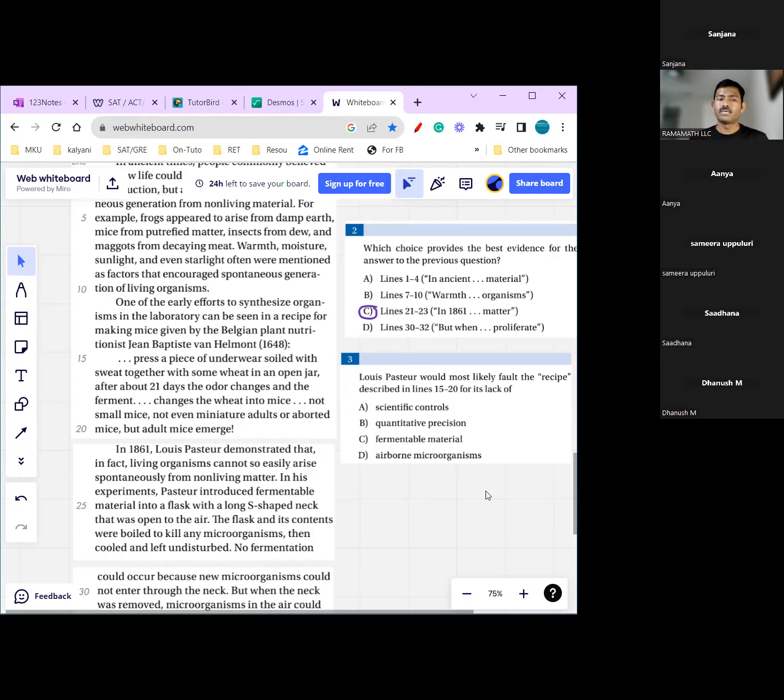Step by step. Let's try to read the passage carefully. As I mentioned before, try to understand the structure of the passage. We know in this passage a misconception is introduced, and then they have some example for that. Then there's a repetition, and then from that, this is wrong, and then there are implications of that.